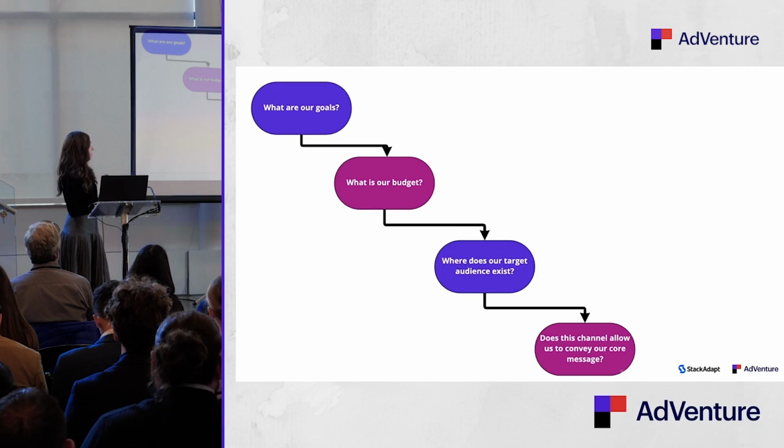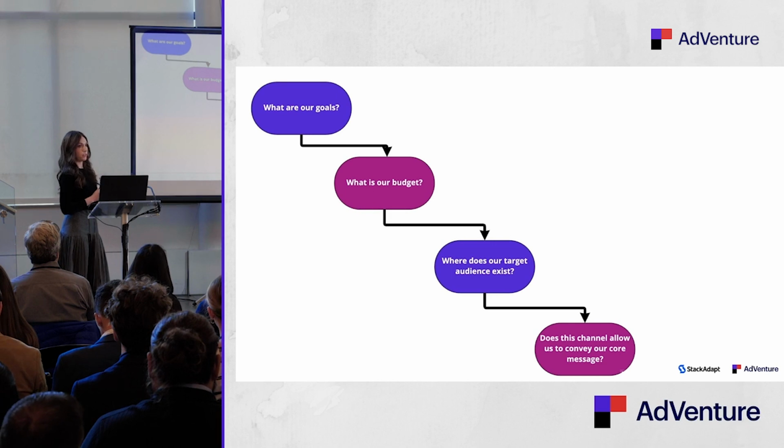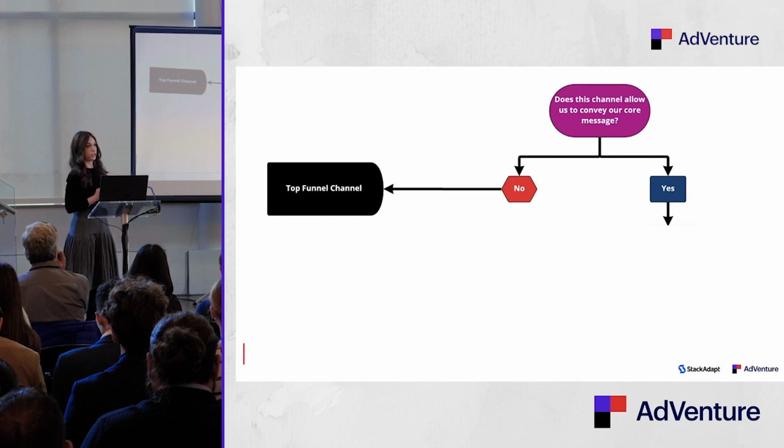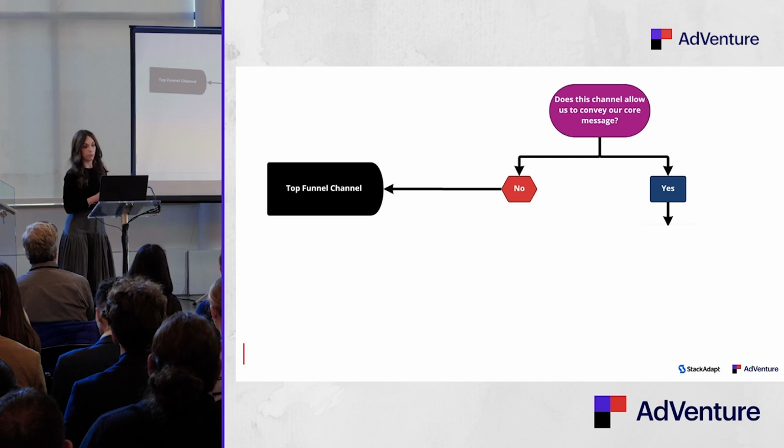Other platforms are very price sensitive. Different platforms have different ways of being able to communicate messages, and we're asking if the channel allows you to convey your core message. If the channel does not, then that's going to be categorized as a top of funnel channel, essentially a user acquisition channel. So it's the right audience, but we can't talk to them in the way that we want to at this point.